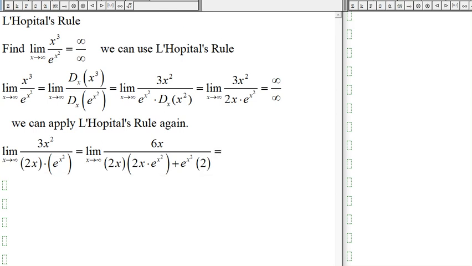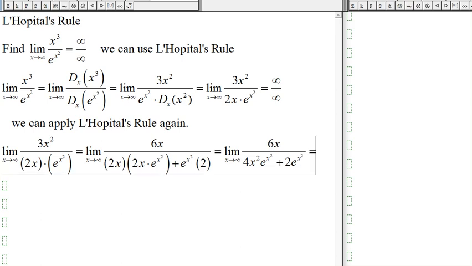And then let's simplify this a little bit. So we get 6x over, 2x times 2x becomes 4x squared e to the x squared, plus 2e to the x squared.